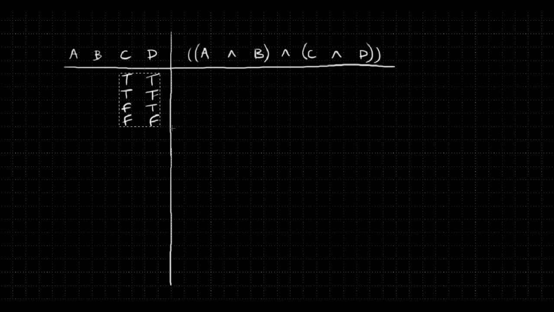Now what you can imagine that you're doing is, when you add another one, you copy and paste: you copy the table to below, and then you add on the left-hand side, for the first half, the part we copied is all going to be true, and then for the second it's all going to be false.